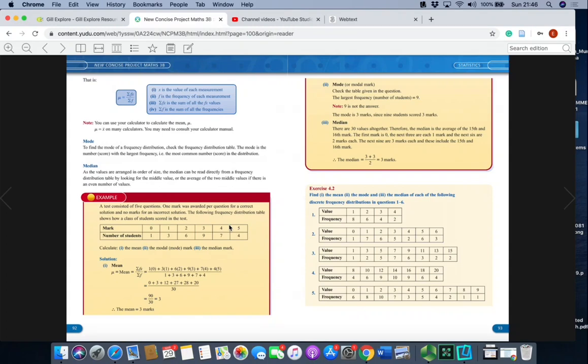Okay, so the mean, the modal mark and the median mark. Okay, let me share my page with you, and we'll work this one out.